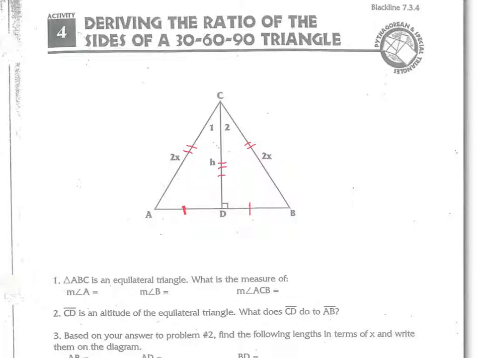And what are all 3 angles in that equilateral triangle equal to? 60 degrees. So that means the measure of angle A is 60 degrees. And what's the measure of angle B? 60 degrees. What's the measure of angle ACB? That's from A to C to B. Oh, ACB. That's also what? 60 degrees.